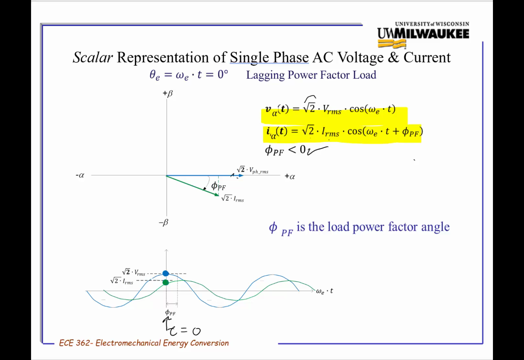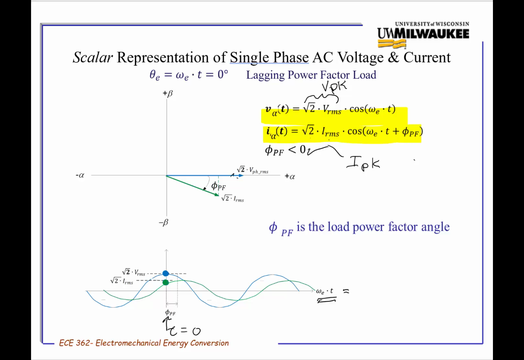Another way to look at this is that this is a peak voltage, and this is a peak current. So the current, though, is displaced from the voltage by this angle. This x-axis that we are referring to here is not a time axis, it's omega e times time.